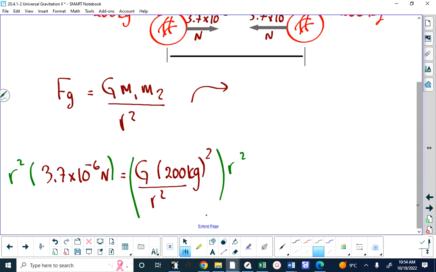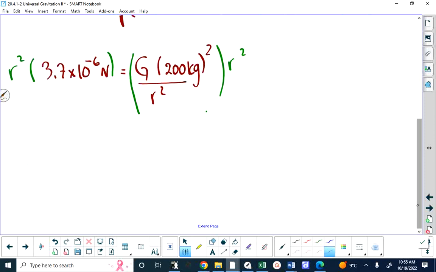My philosophy in math is to take any math problem and make it into an easier problem. Take a grade 12 problem, turn it into a grade 11 problem. Then turn it into a grade 6 problem, and we're done. So this becomes a simpler problem because now I have r squared times this number.